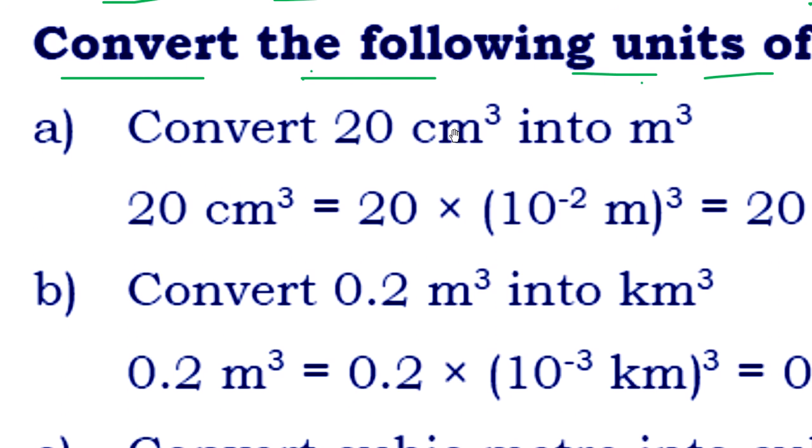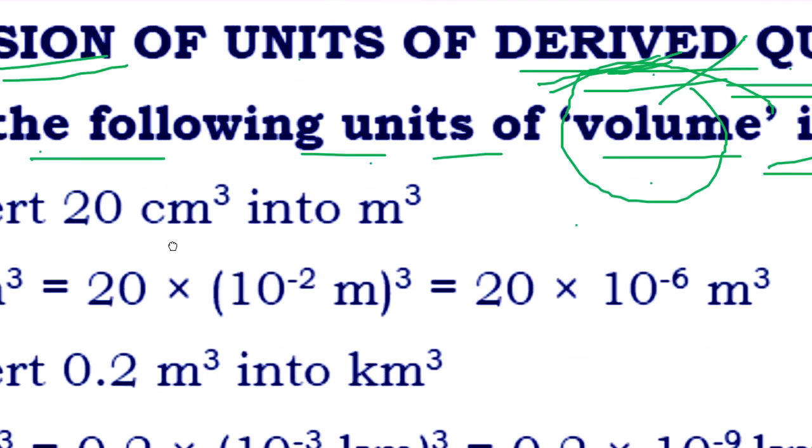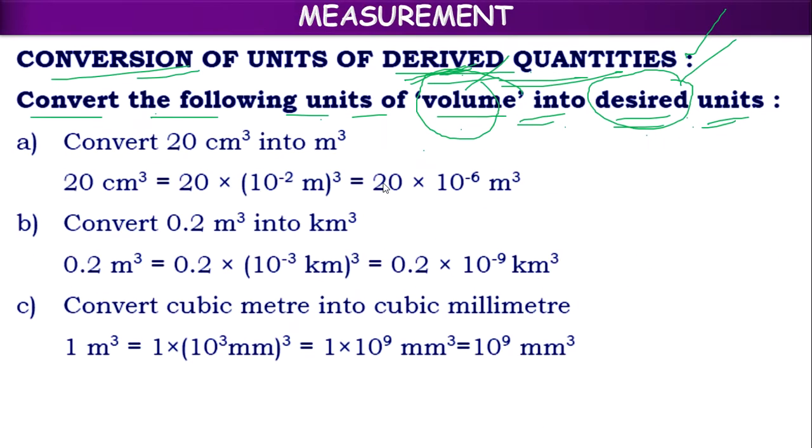Here centimeter cube is the unit of volume, because volume means the space occupied by any body. Volume is calculated by length into breadth into height. Breadth is also one kind of length, height is also one kind of length.